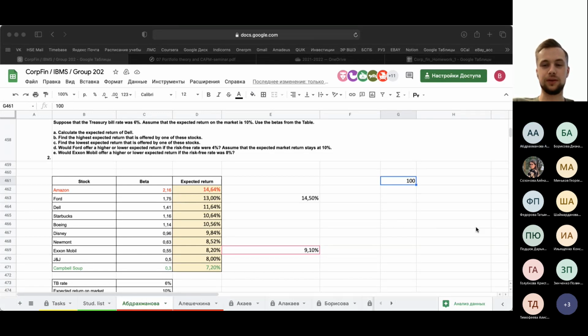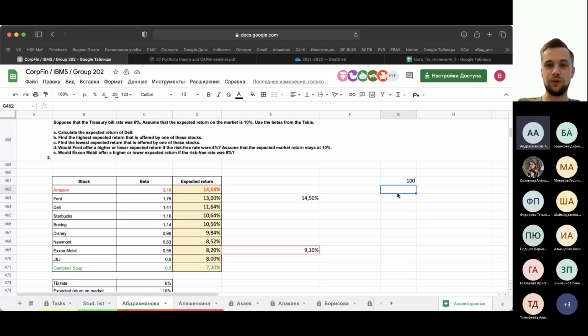Well, maybe your group mates can help you. Konstantin, what do you think? How we calculate? You mean dividend divided by the rate minus growth? Yeah, the dividend discount model, right? For example, the growth is 0% expected. Let's take Ford.